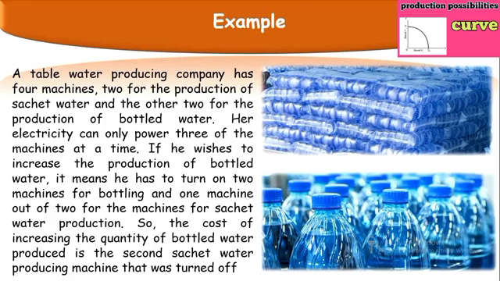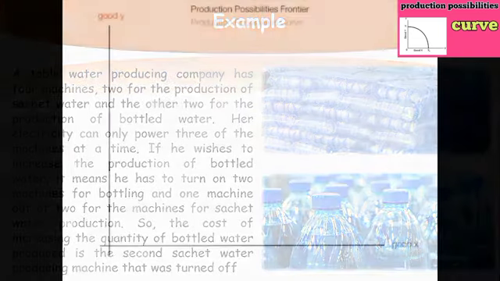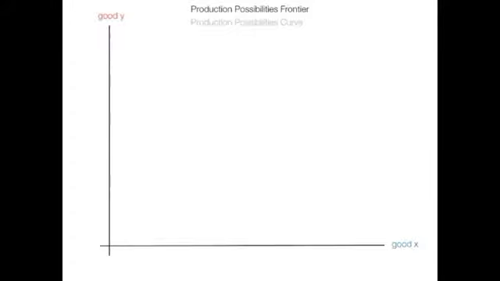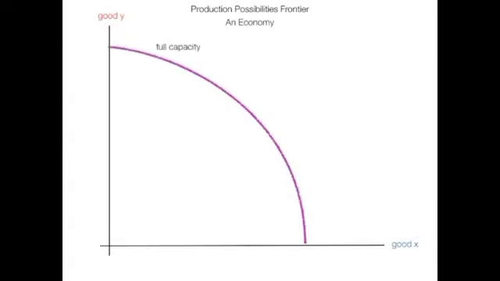So if he wishes to increase the production of bottled water, it means he has to turn on 2 machines for bottling and 1 machine out of 2 for sachet water production. So the cost of increasing the quantity of bottled water produced is the second sachet water machine that was turned off. Now let's represent this example diagrammatically.